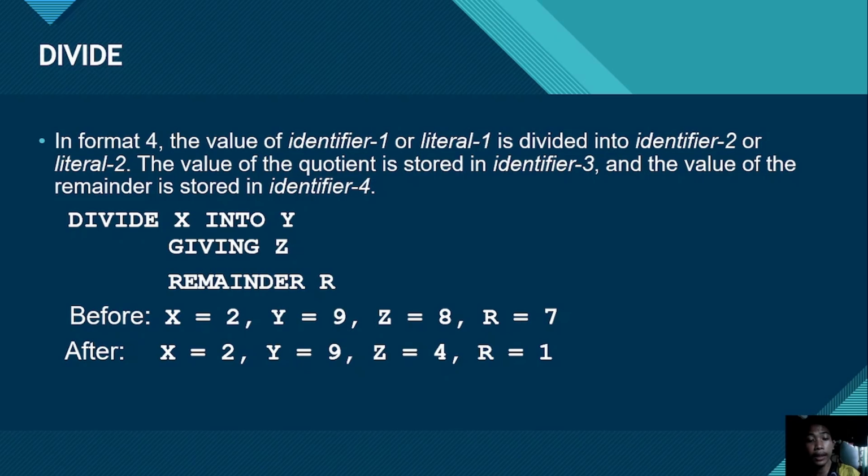So when we divide 9 divided by 2, which is equals to 4 and has a remainder of 1, the r here is being stored, has a value of 1 after dividing y into x.